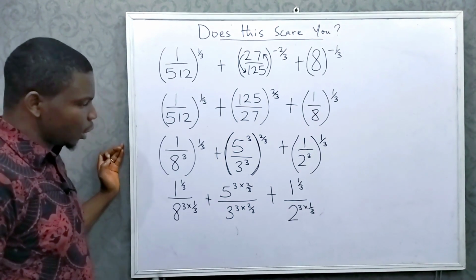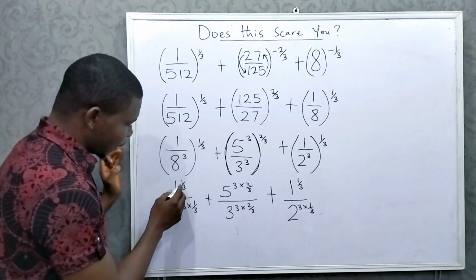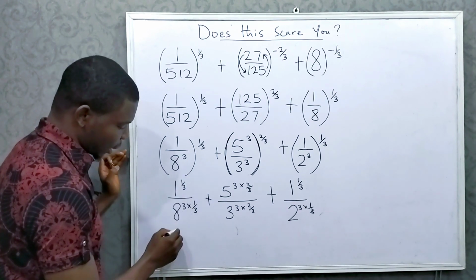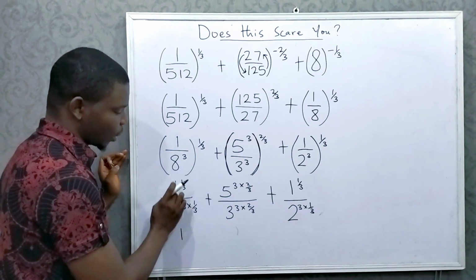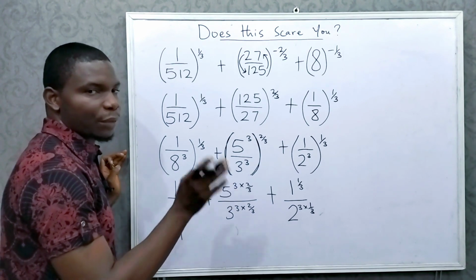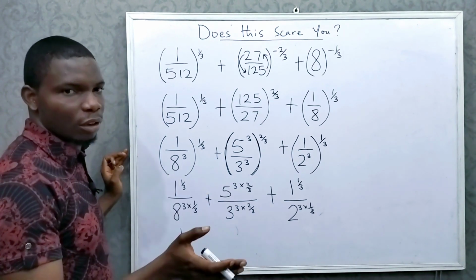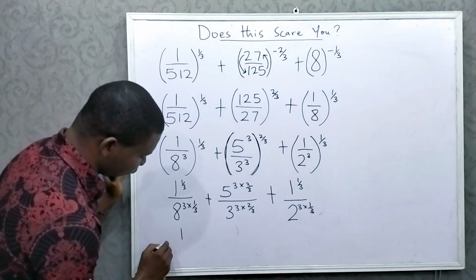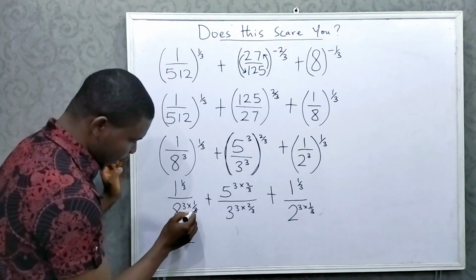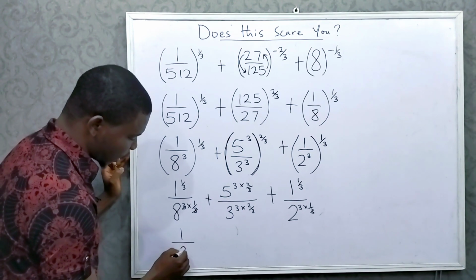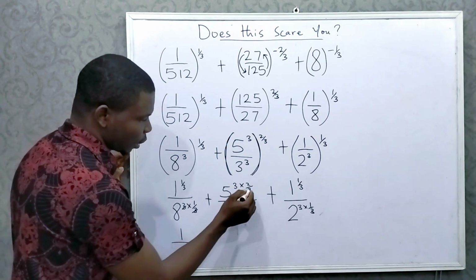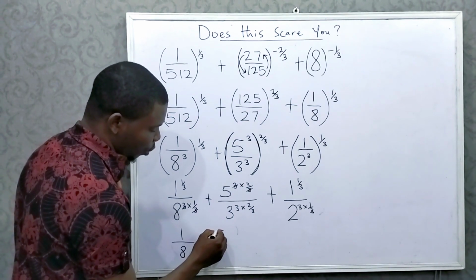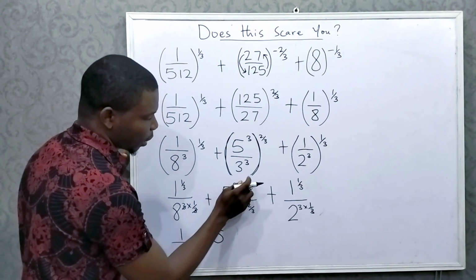Good. So from here, I can simply say 1 raised to power 1 over 3 is still 1. Anything 1 raised to power 5 is 1, 1 raised to power 100 is 1, 1 raised to power 1 over 3 is still 1, okay? Then over, this 3 will cancel this 3, so we are left with 8, plus this 3 will cancel this 3, so we are left with 5 raised to power 2, right? 5 raised to power 2.